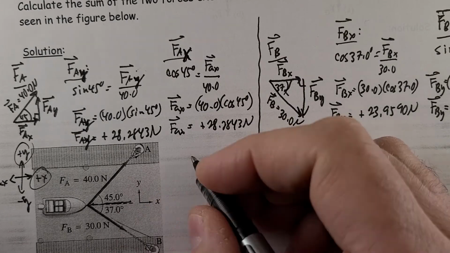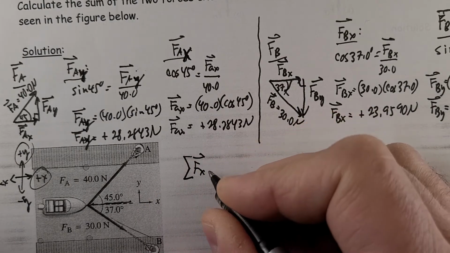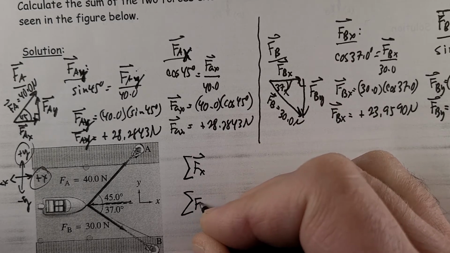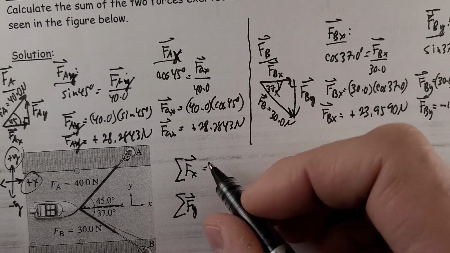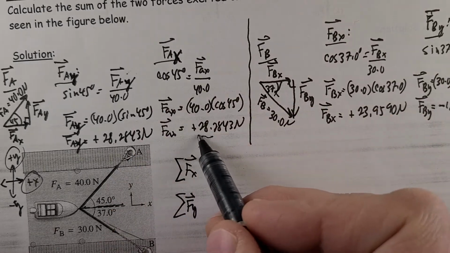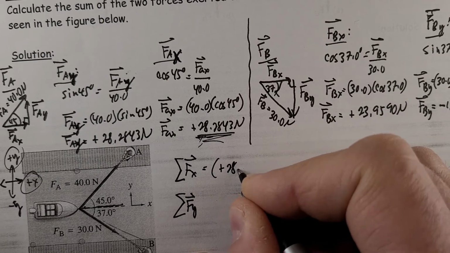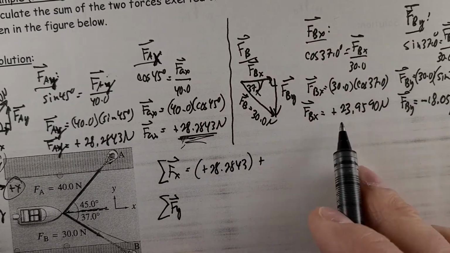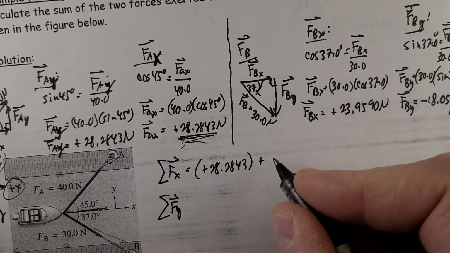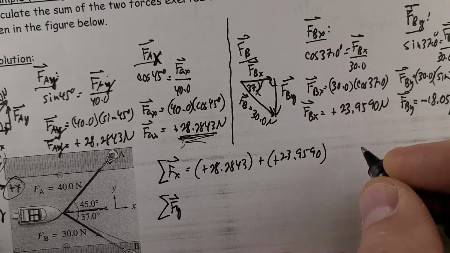So now I need to find out what are all the X direction forces, and what is the sum of all the Y direction forces. So in my X direction, I have this one right here, plus 28.2843, combined with 23.9590.